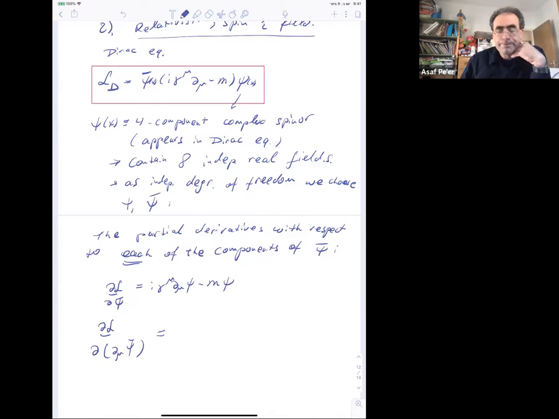What is that? Let's look at the Lagrangian.